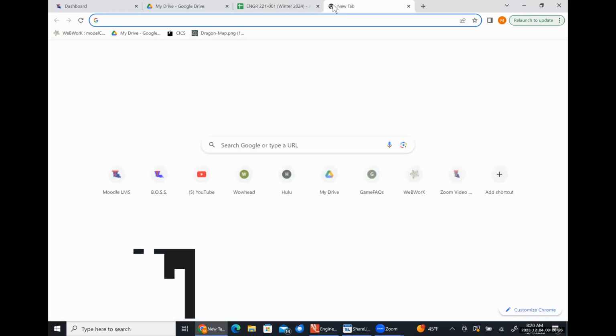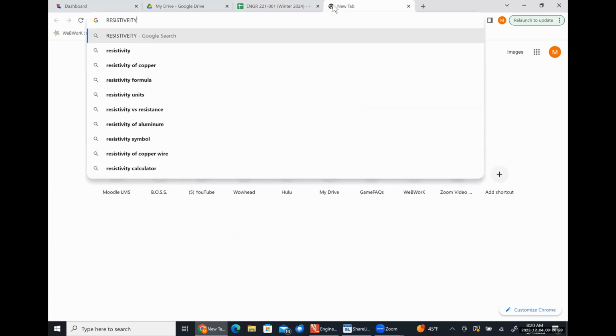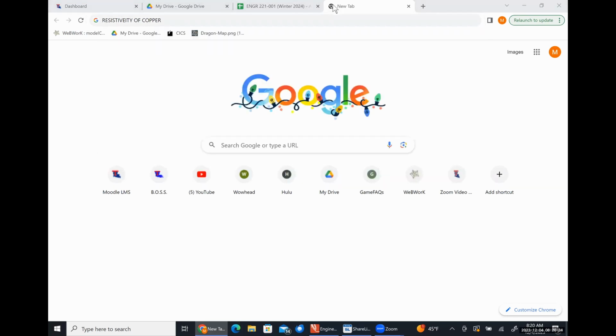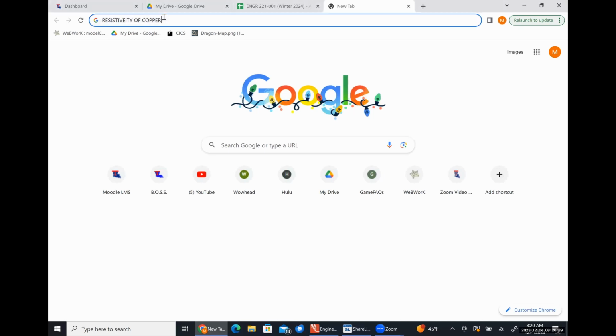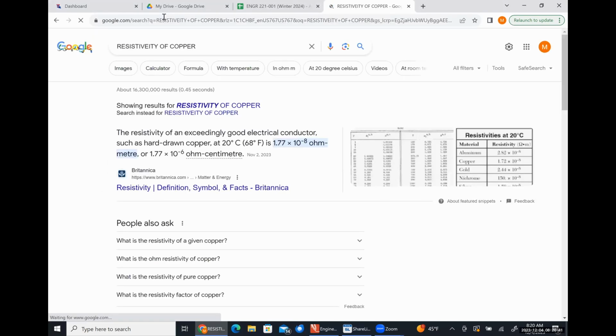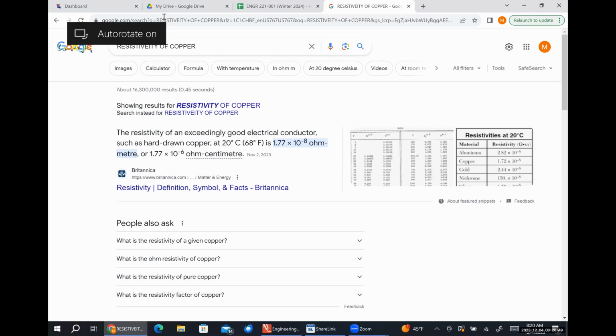I'm just going to look those things up. There we go. 1.77 times 10 to the minus 8 ohm meters, or 1.77 times 10 to the minus 6 ohm centimeters. All right. So let me write that down.